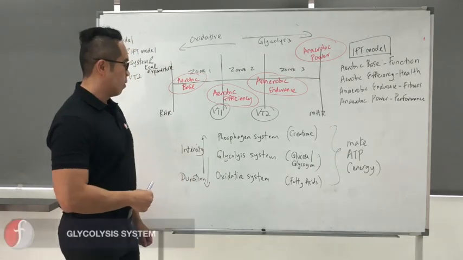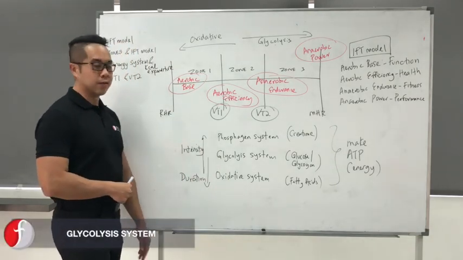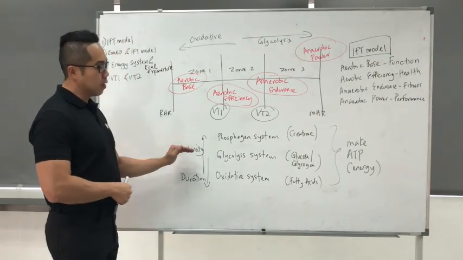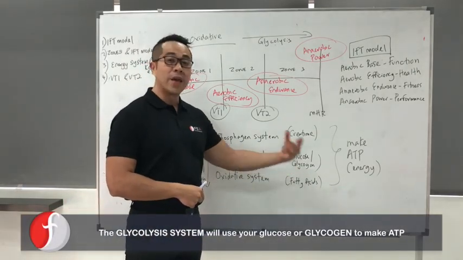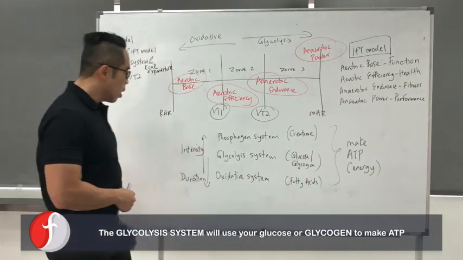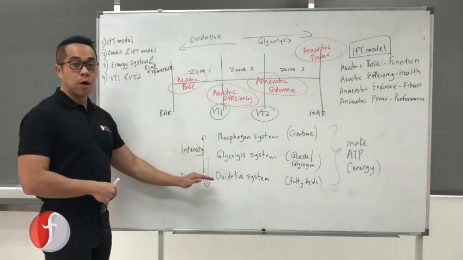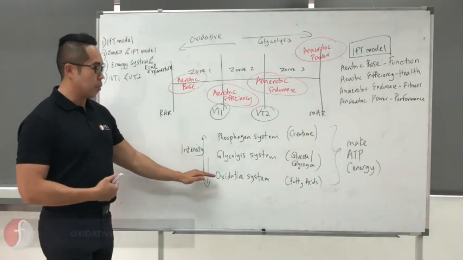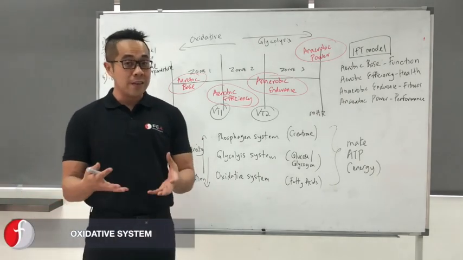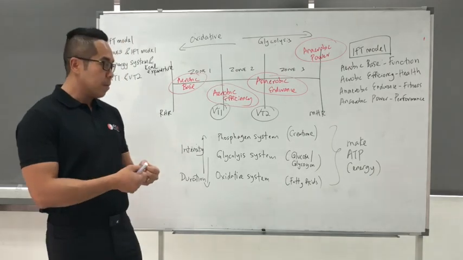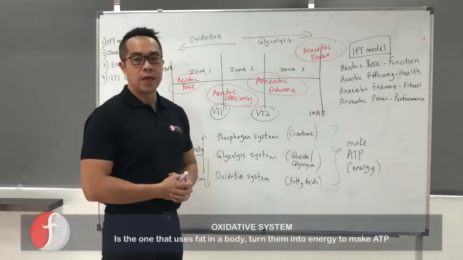The second system we call the glycolysis system. The glycolysis system will use your glucose or your glycogen to make ATP. The last system will be oxidative. This is probably what a lot of people are interested to hear, because the oxidative system is the one that uses fats in the body, turning them into energy to make ATP.